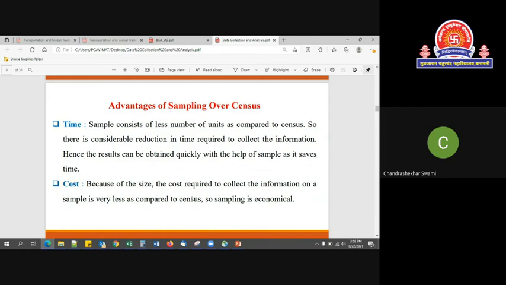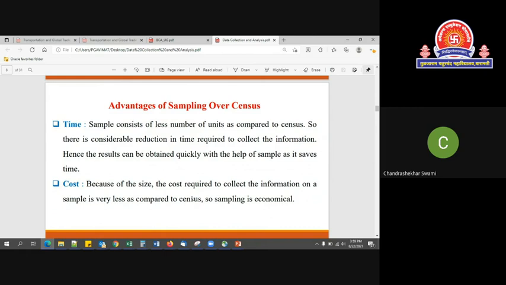First, a sample is a study of a small unit, a representative group of units from the population, so it requires far fewer units to be compared as compared to census. So there is a considerable reduction in the time required to collect the information. Hence the result can be obtained quickly with the help of a sample, as it saves time. So this is the first advantage of sampling.